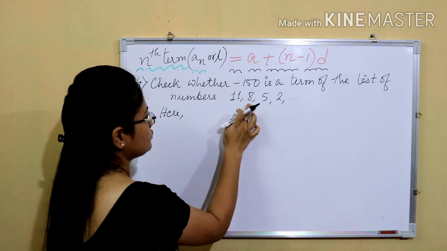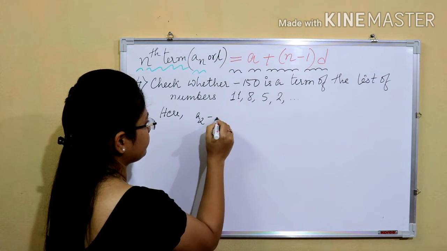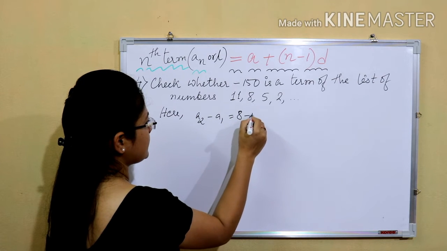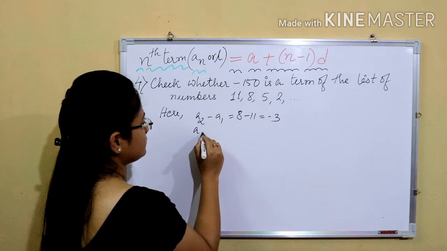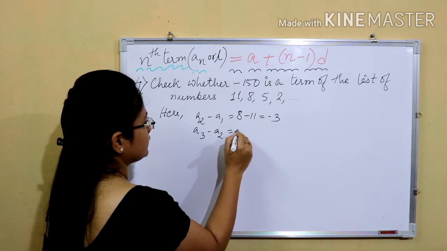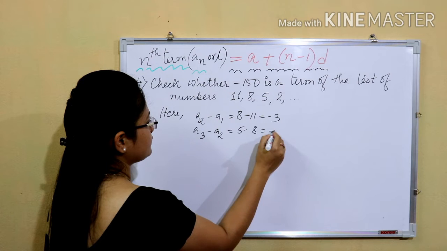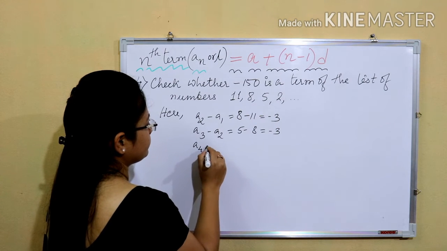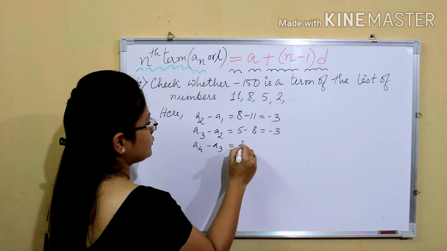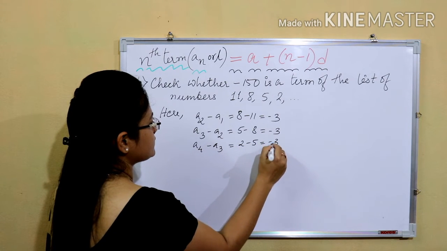A2 minus A1, 8 minus 11, gives us minus 3. A3 minus A2, 5 minus 8, gives us minus 3. Next, A4 minus A3, 2 minus 5, is minus 3.